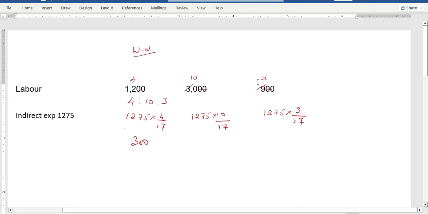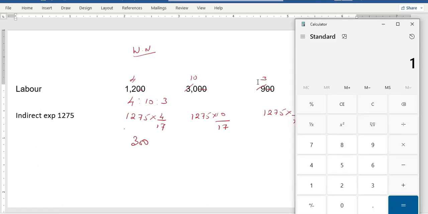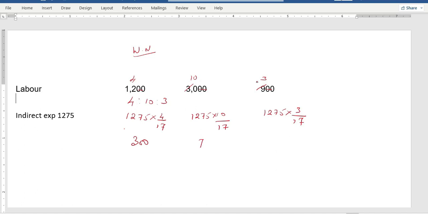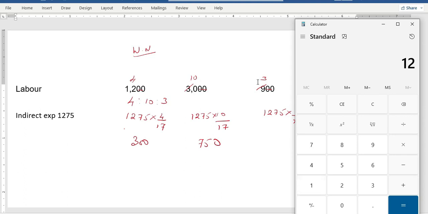1275 into 10 divided by 17 is 750. For C, 1275 into 3 divided by 17 is 225.